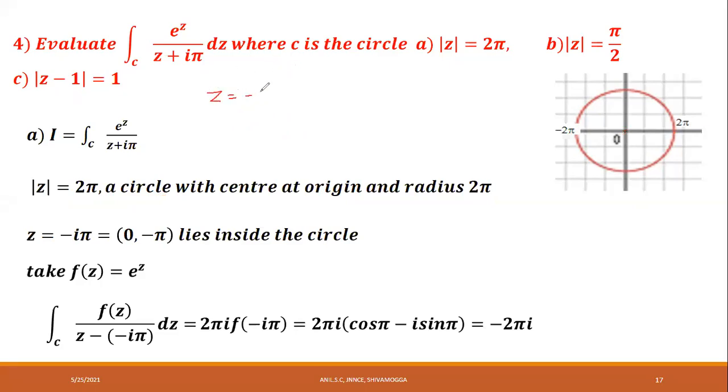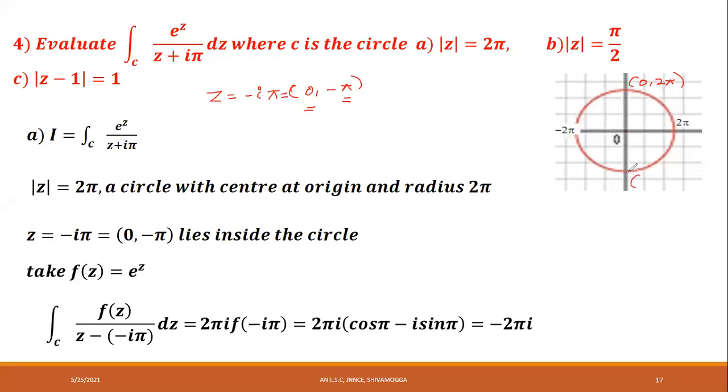z equal to minus iπ means (0, minus π). This is the point. Real part 0 and imaginary part minus π. This is the point whose coordinates are (0, 2π), because the radius is 2π, this length will be 2π and this length is also 2π.